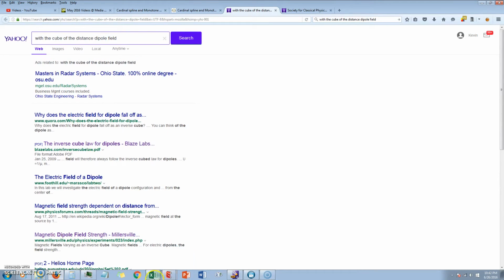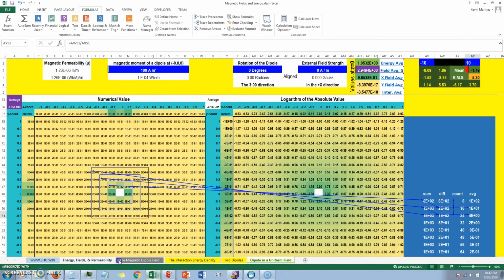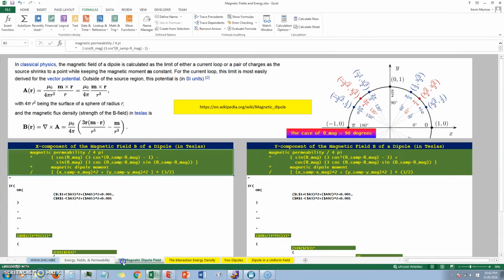Now, let's go ahead and check out something here. All right. We see here we have an inverse cube value for this. But what about this one? Here we have an inverse to the fifth.